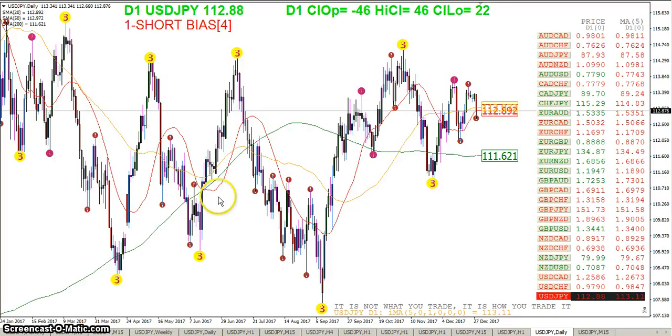So what they then use is they say, well, we'll use the 20, the red, and the 50, the orange, and we'll just trade when they cross over. Well, you can see here, you were waiting a long time. Okay, yes, right there, you would have made some pips, but there was a long wait, and then here it crossed down, and you would have made some pips.